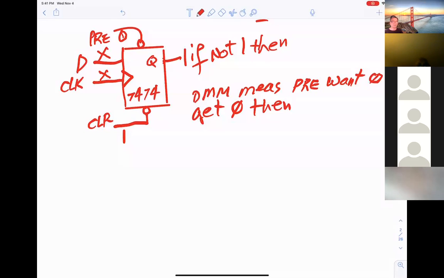Then what next? Change the IC. No, not yet. Check the clear. Make sure of CLR. Now you measure CLR, and same thing.